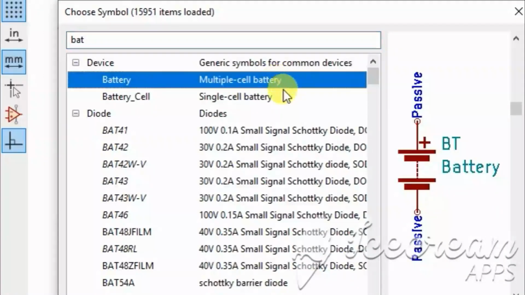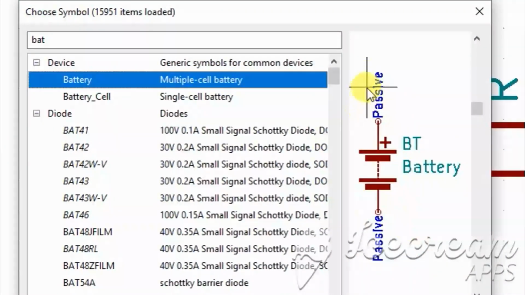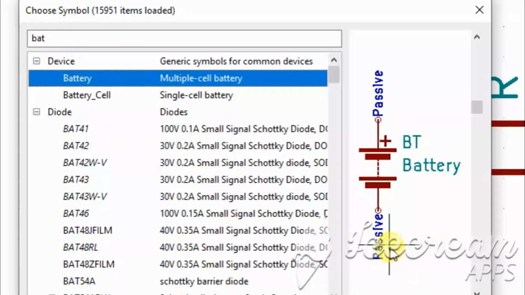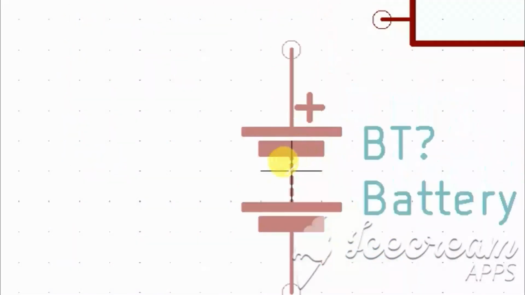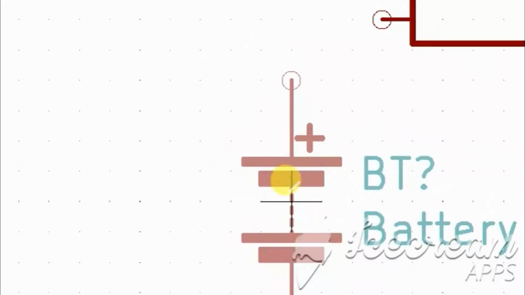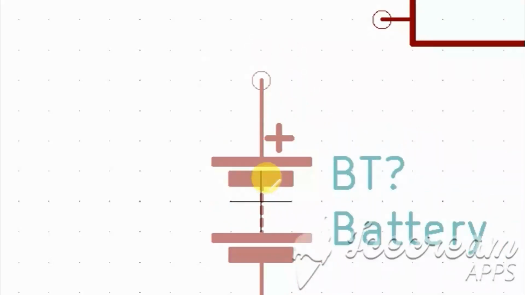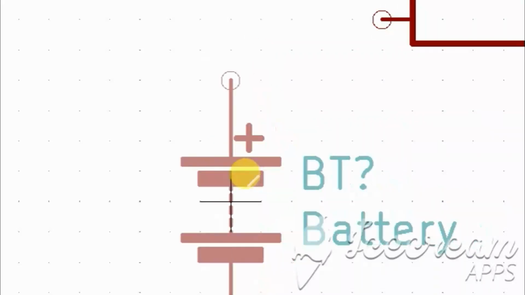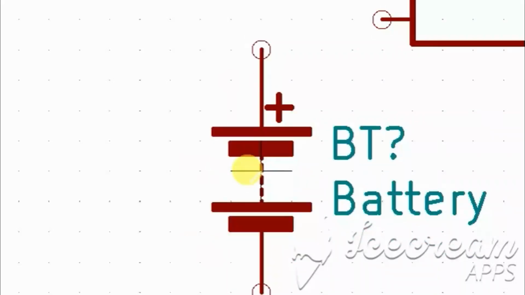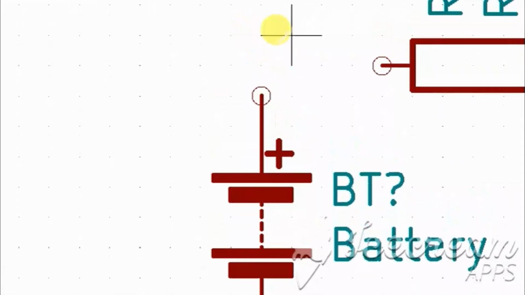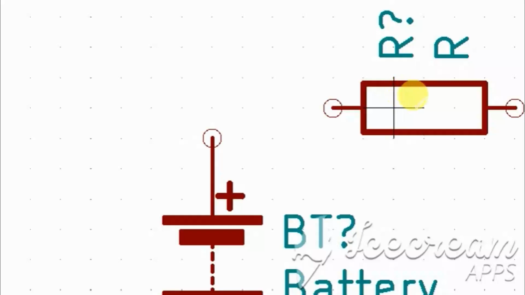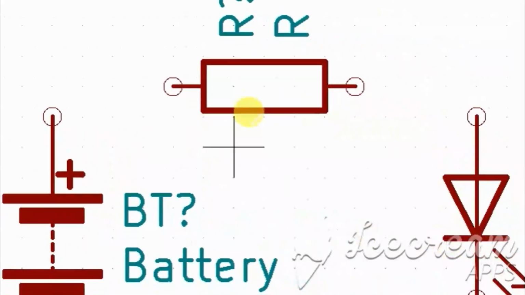Click this, this is the battery symbol, and next click OK. This battery symbol is loaded. Place it in your design area, your choice, and click. Next, how to change the values of these symbols.